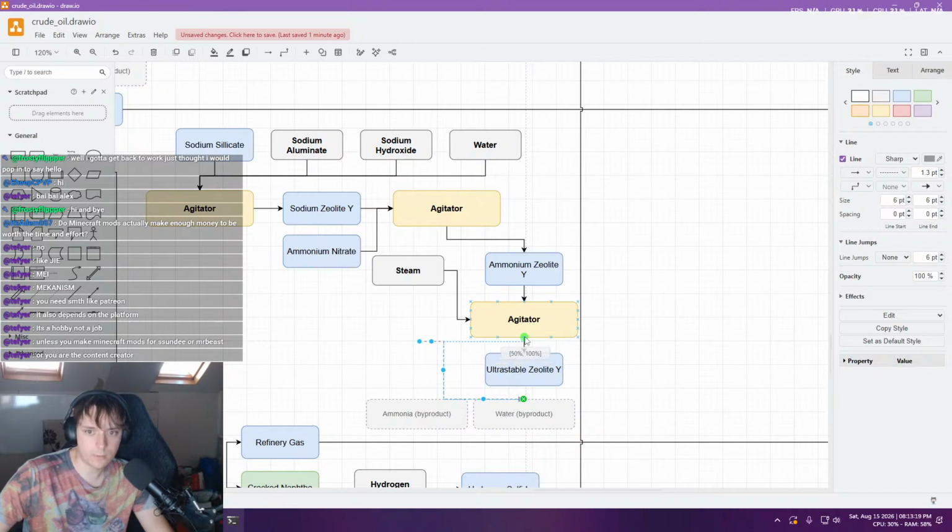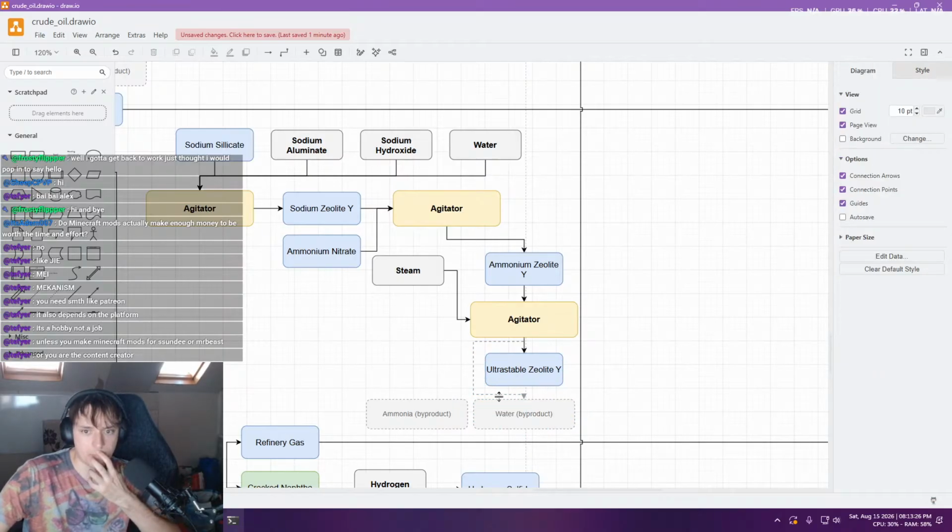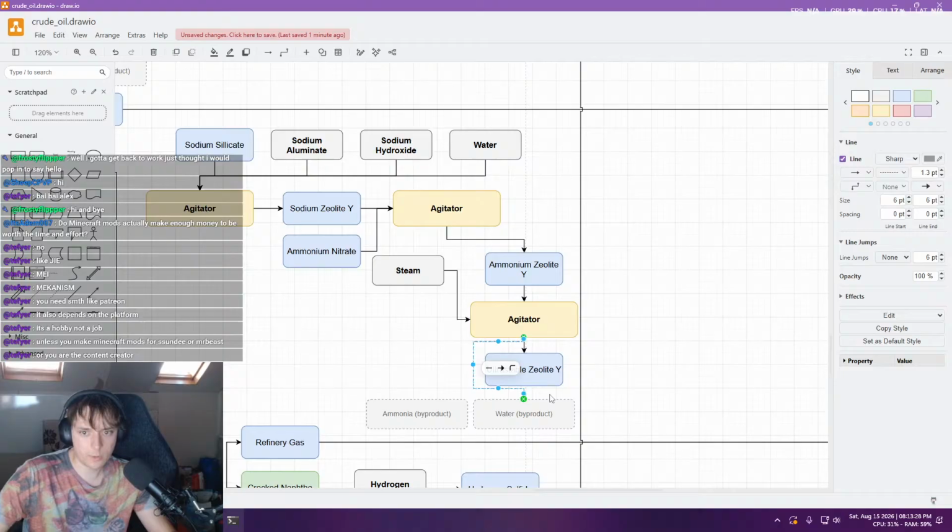Oh, that needs to come out of... Yeah, but that's okay. I think that works. Actually, well, kind of works.